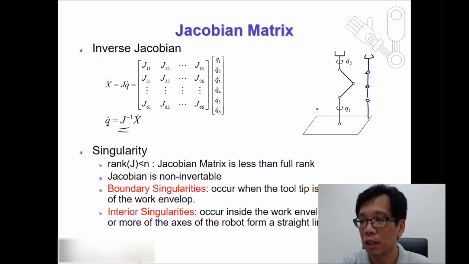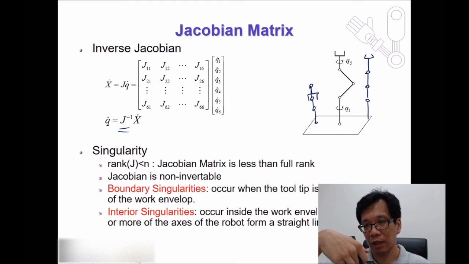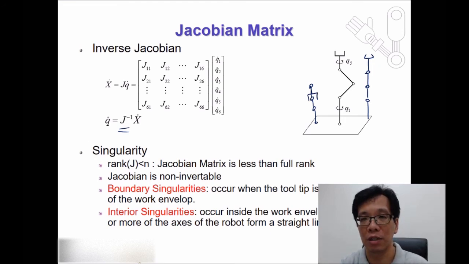Or if I have something like this, where it goes back 180 degrees, then this one is going to generate a singularity as well. So depending on what kind of singularity you're talking about, it has a different kind of configuration. When this configuration occurs, it's not going to be full rank, which means it's going to be singular.